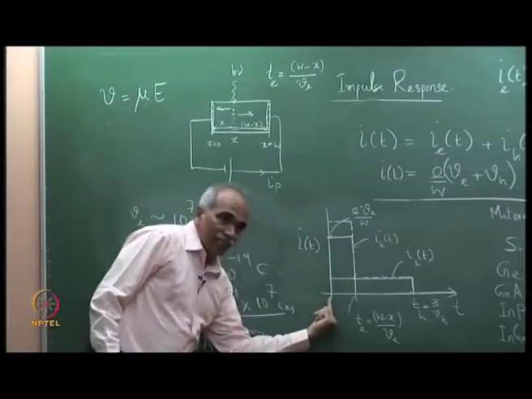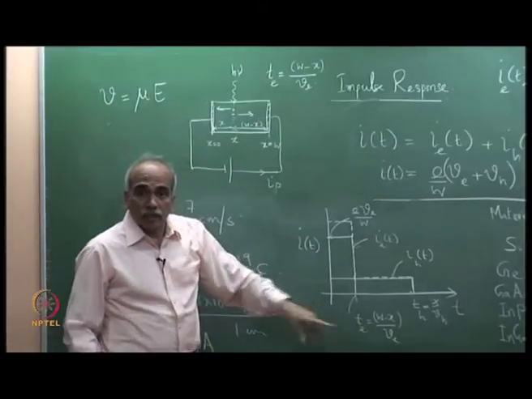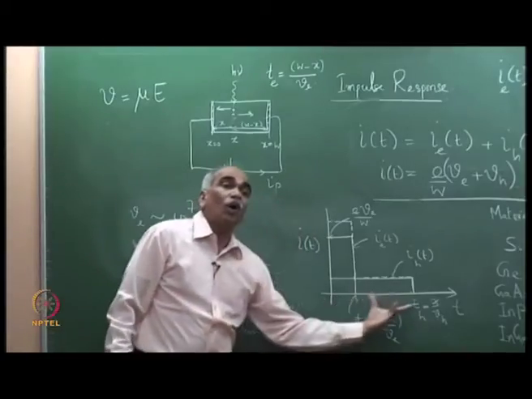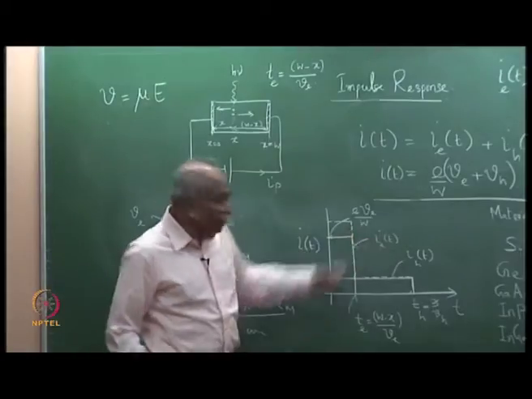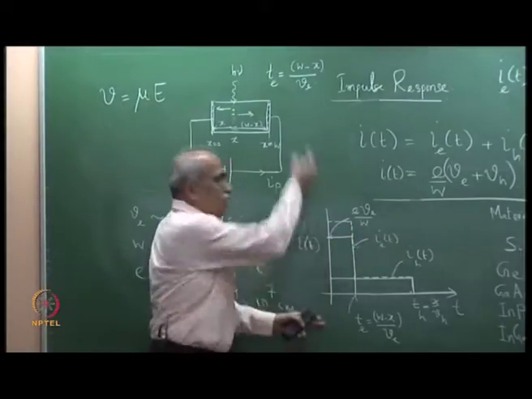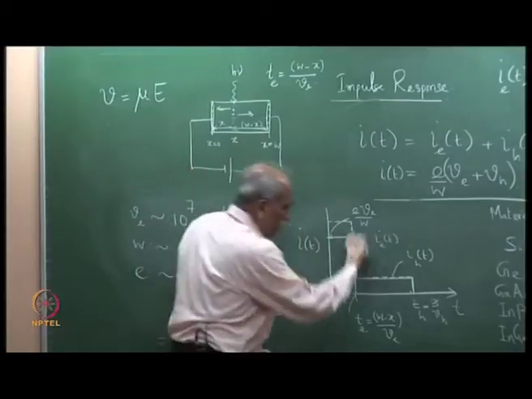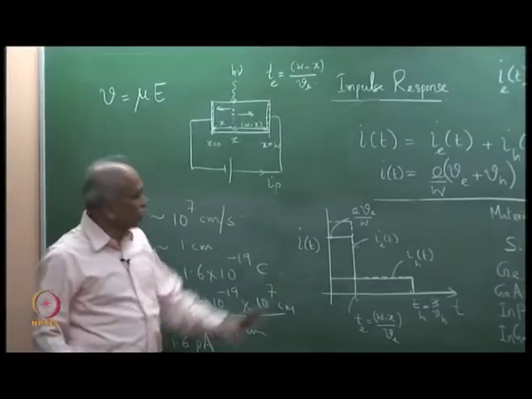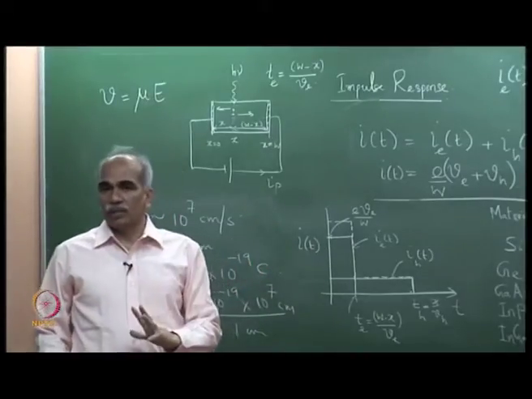At t is equal to 0, there was a photon incident on the detector. In the circuit, current persists for such a long time. So, the impulse response, as I showed, ideally I should have got the response current also for a very small duration, but instead the current is spreading over a long duration, and this is the impulse response due to one photon incident.